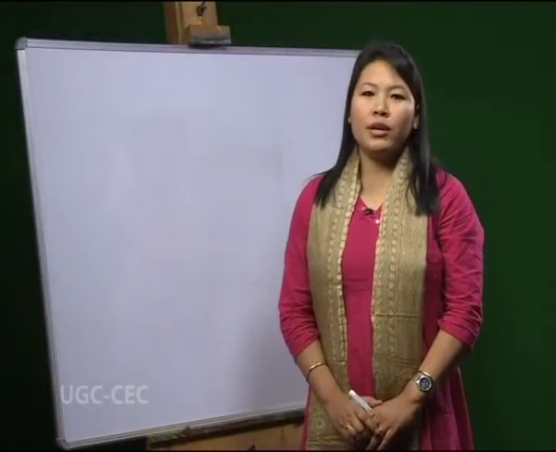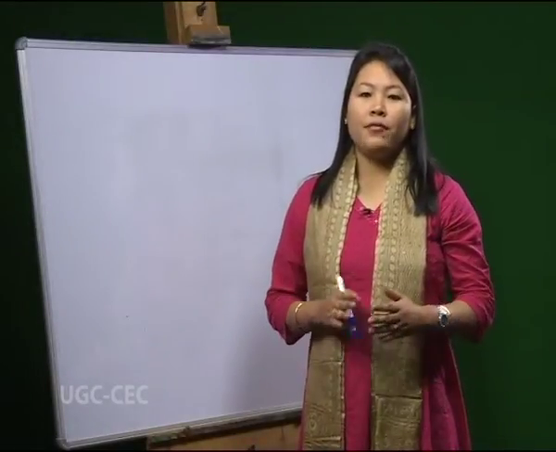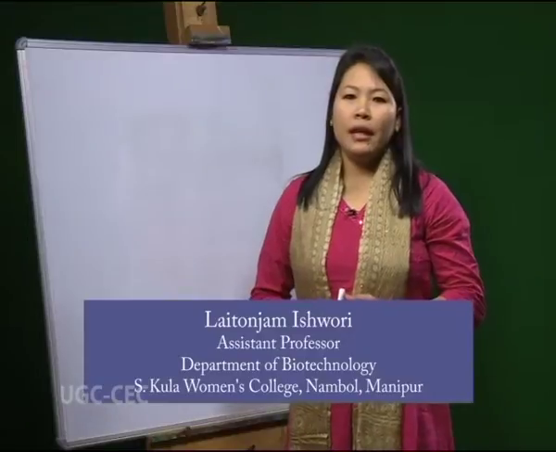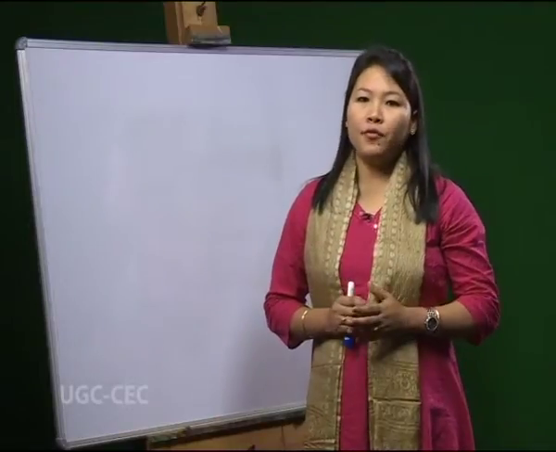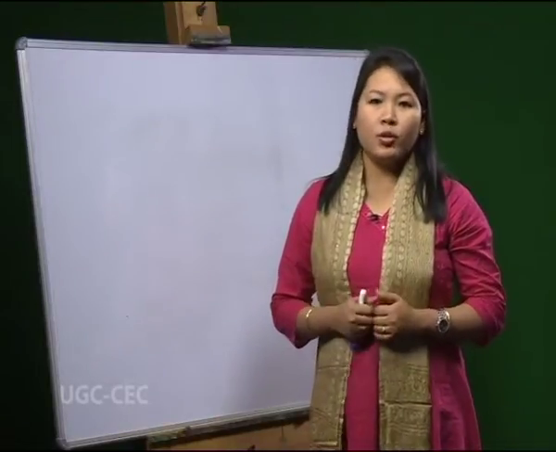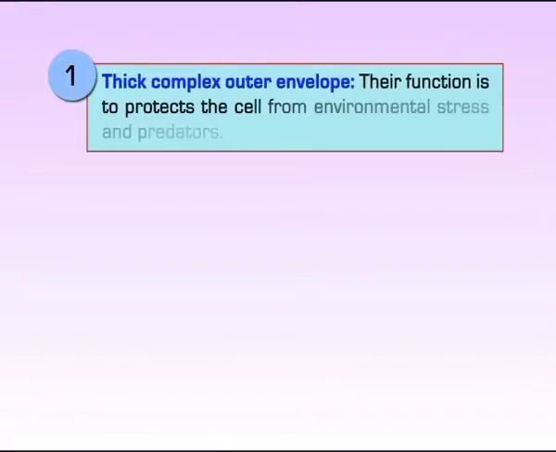Today, we will be covering the topic, the gram-negative bacteria. Generally, these prokaryotic cells show a wide range of forms and share some common fundamental traits. The first one is the thick complex outer envelope, whose function is to protect the cell from environmental stress and predators.